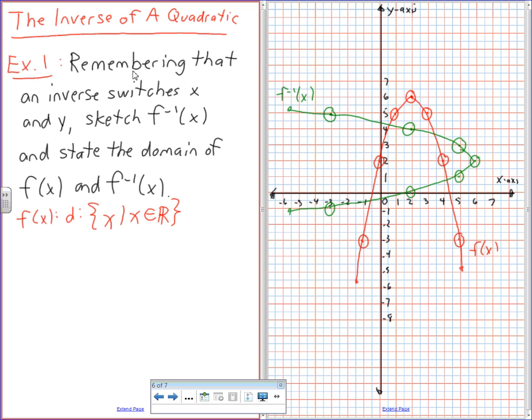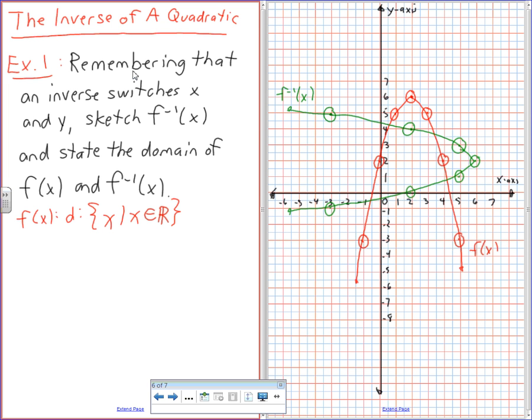What does that mean, x is an element of the real numbers? Somebody else, what does that mean? Right on. Remember for a parabola, what that means here is the x value is going forever. For someone that was here yesterday, how does that relate to my inverse?